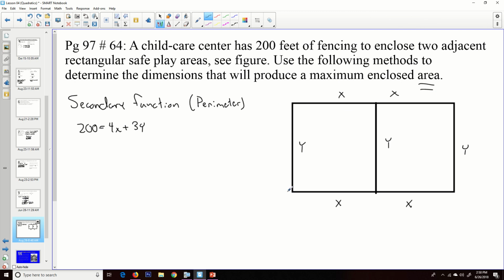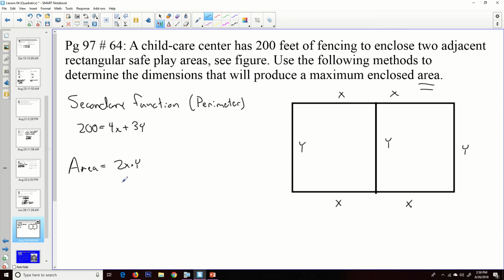And we're trying to maximize area. Area in this particular case would be 2x times y, length times width. So x and x, that's going to give me 2x because we're adding them together. And then the width is just going to be y. We're going to assume that that width there is negligible, and we're not going to count it.